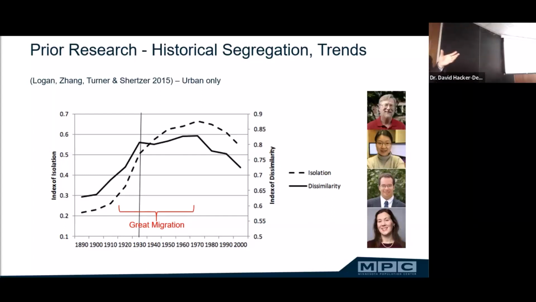And if you want to count that movement later to the West. But with that movement to the North, you get this rapid increase in racial residential segregation. You've probably seen these kind of graphs before, or hopefully not a surprise. So here, the period we're interested in, somewhat low.